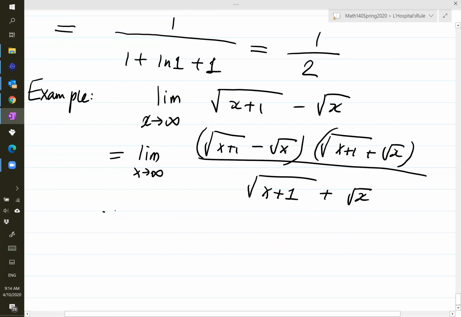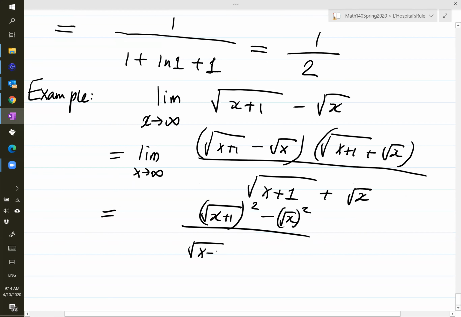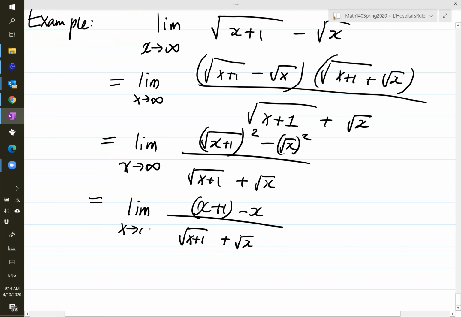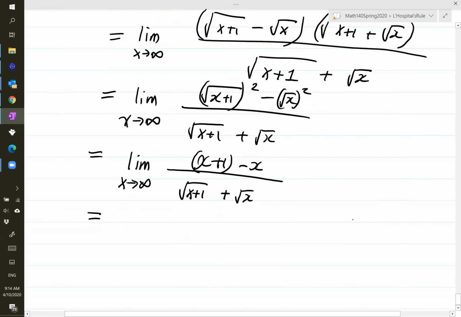Then we use the difference of two perfect squares. Now the square root cancels the square. The key to do this problem is to make it a fraction by multiplying by the conjugate. So in the numerator, x plus 1 minus x, we get 1.